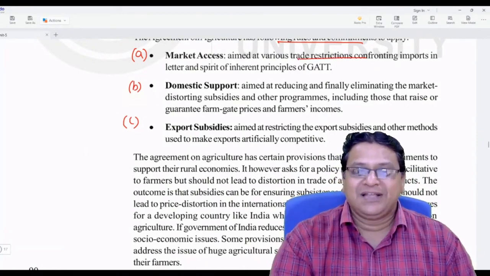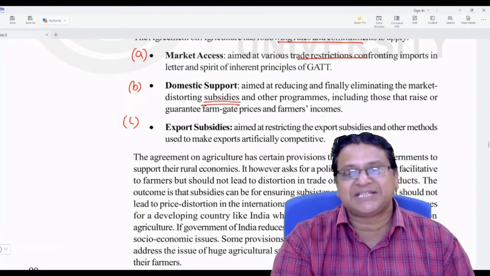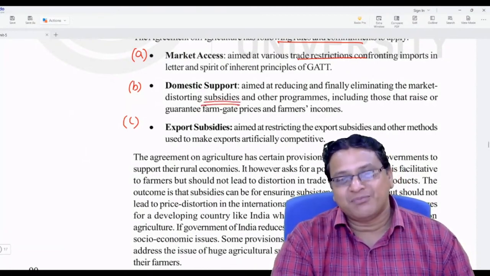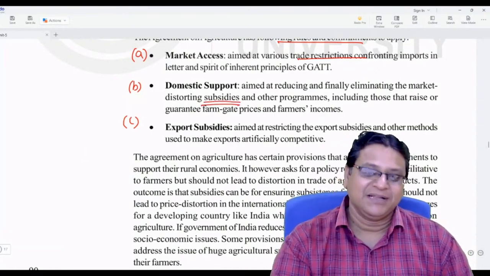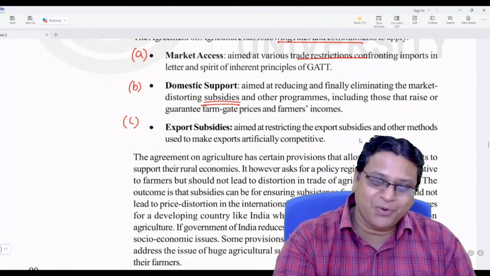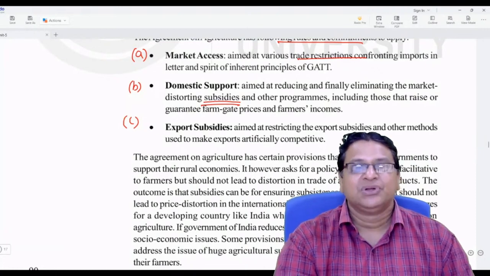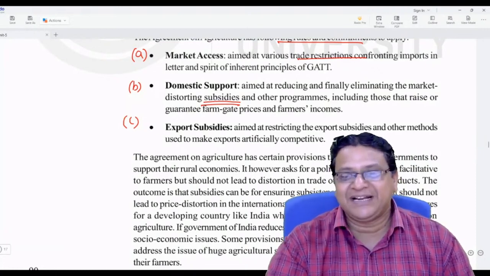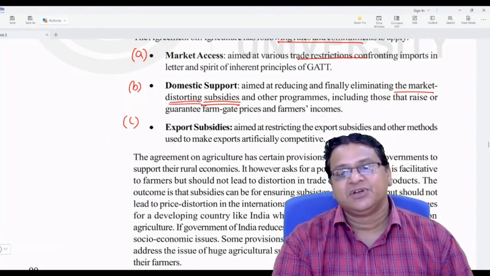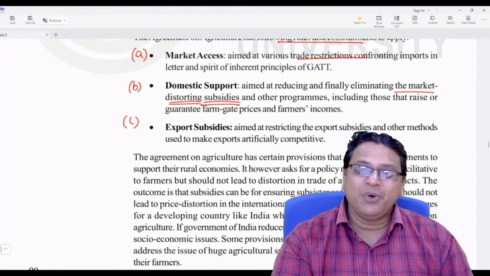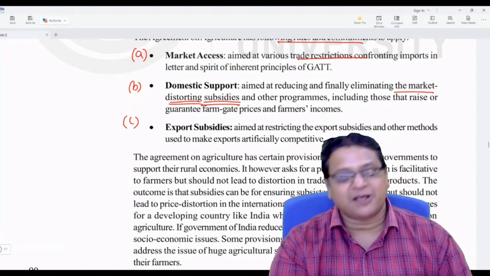Domestic support. The member countries have agreed to reduce the subsidies provided to farmers so that their product becomes competitive in the international market. In case of domestic support, the countries have agreed to gradually reduce the subsidy. They have agreed to eliminate market distorting subsidies, those subsidies which make your product cheaper in comparison to other international market products.